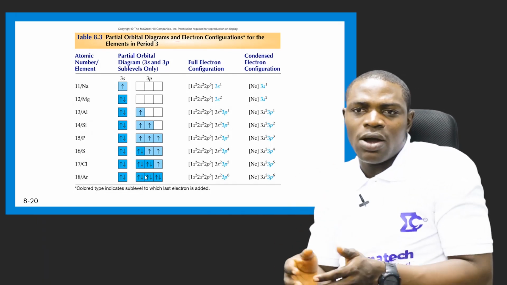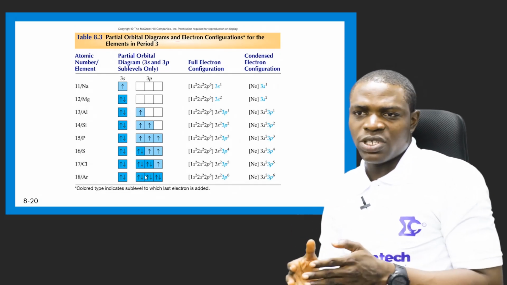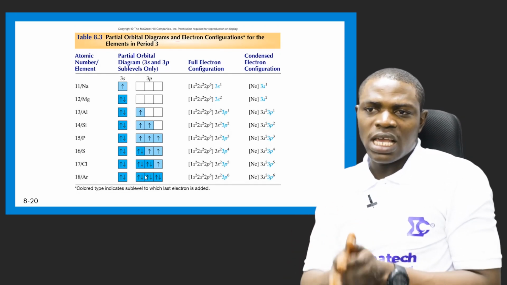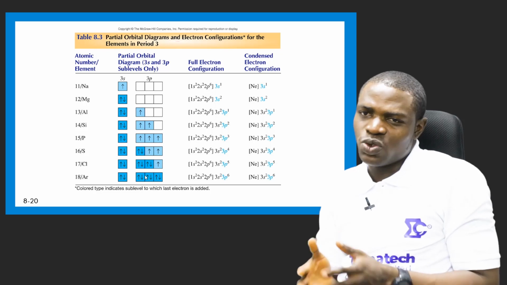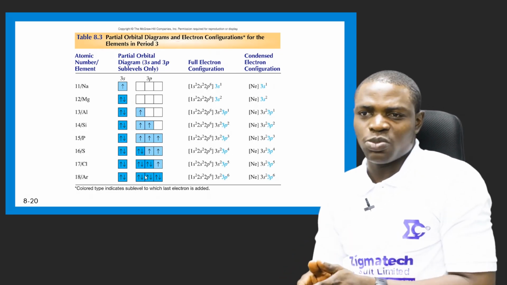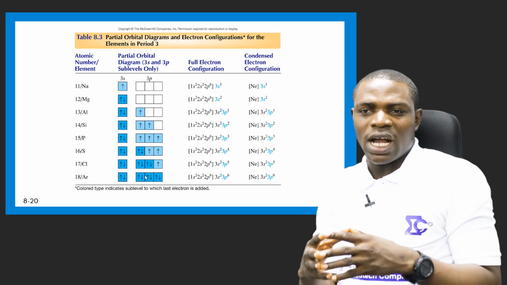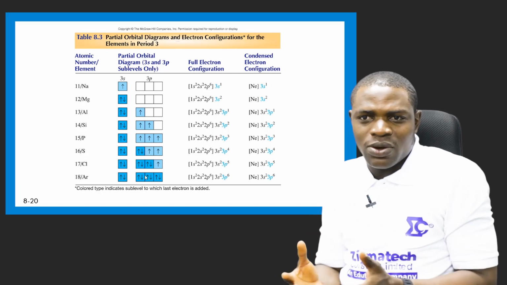So instead of going to potassium and writing 1s2, 2s2, 2p6, 3s2, 3p6, then 4s1, you don't need to stress yourself. There is a condensed principle. You can condense it, what they call shorthand. It's allowed in chemistry.